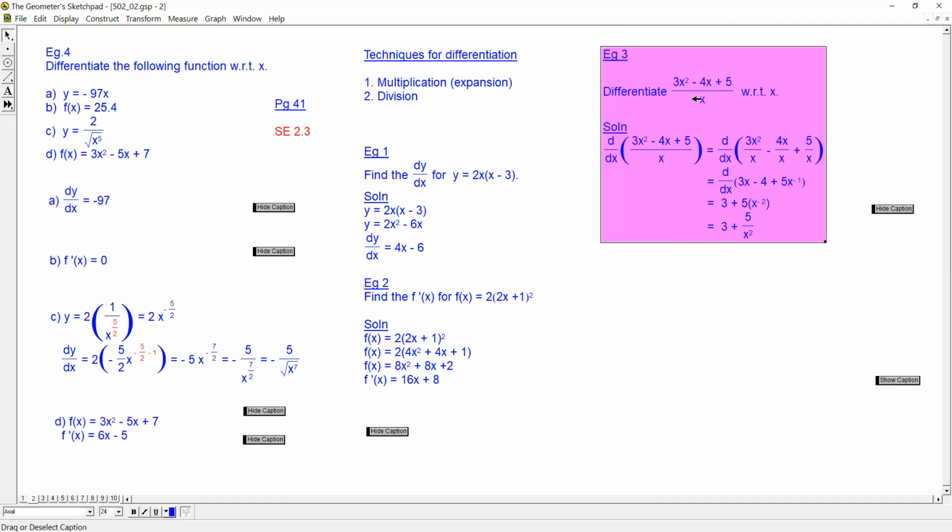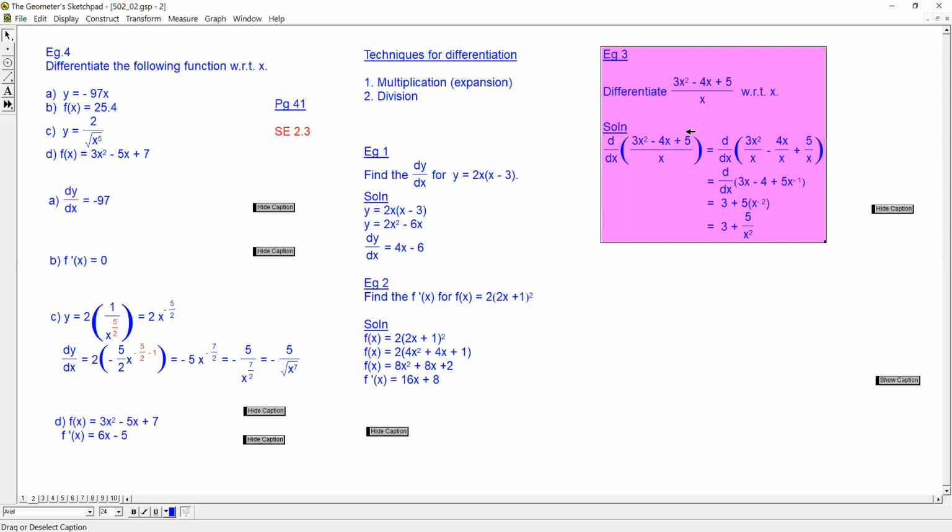So one technique is to separate them one by one: 3x squared divided by x, 4x divided by x, 5 divided by x. Because at the denominator there is only one term x, you can do this.